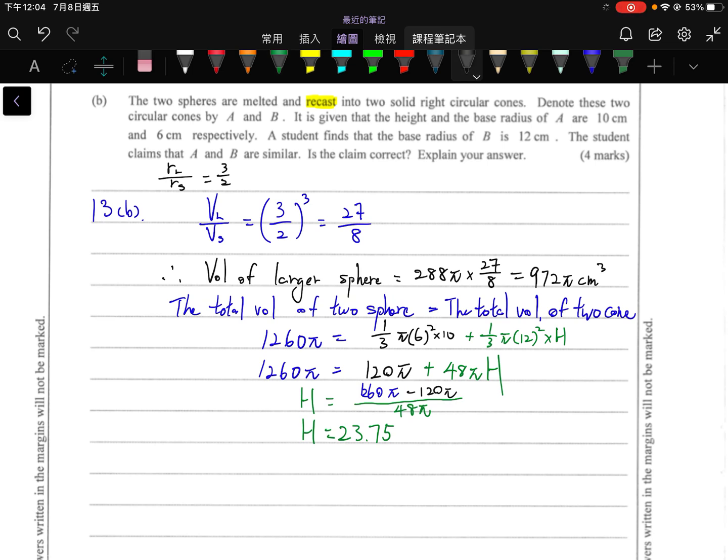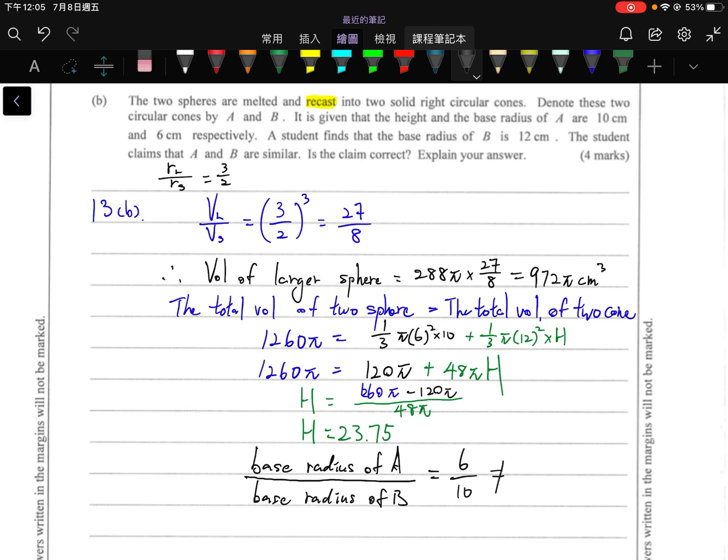Now, because we have found the height of cone B, we see one interesting thing. Based on cone A and cone B, their size ratio, that means the base radius of cone A to cone B, will be equal to 6 to 10.